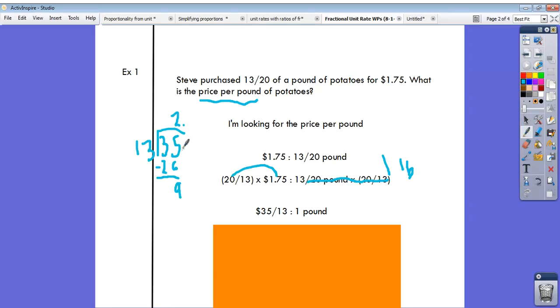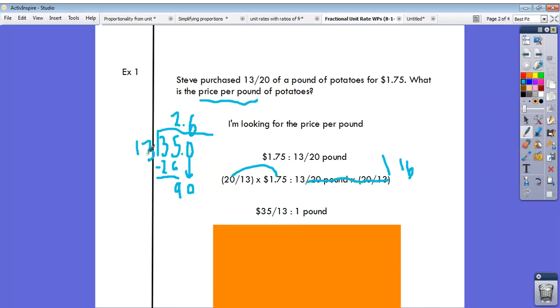Since I already added my decimals, I can now add a 0 and bring it down. Keep in mind that what I do on my paper is what you should do on your paper. 13 goes into 90 how many times? 6.